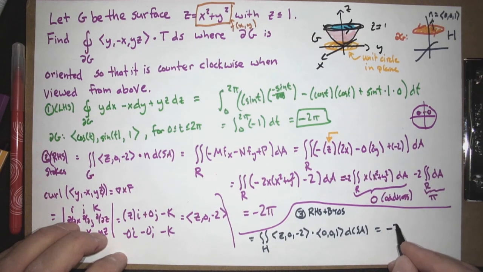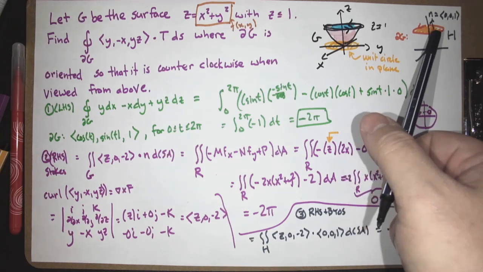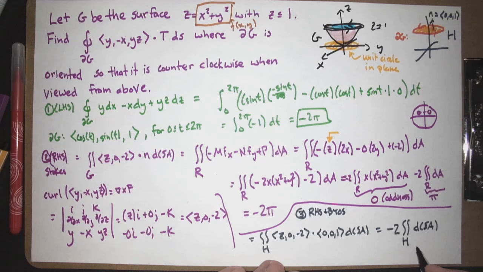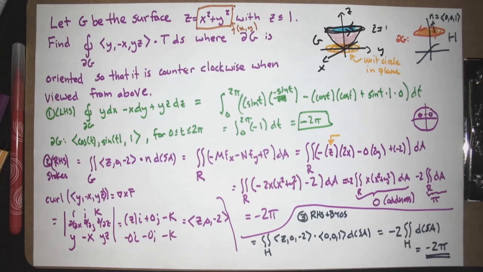You get negative 2. Negative 2 is a constant, so you can pull it out. It's negative 2 integral over your surface, dS. What is it you're finding when you integrate negative 2 over your surface? It's the area of your surface. And our surface is a unit circle, so it has area pi. So we get negative 2 pi.